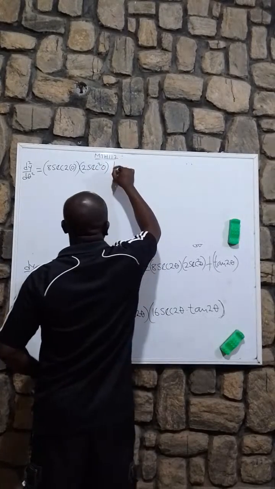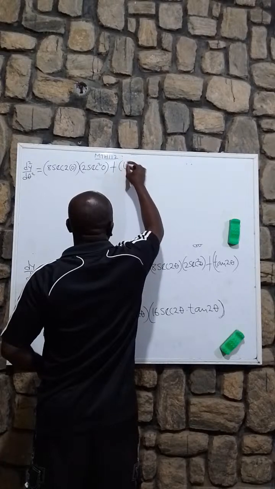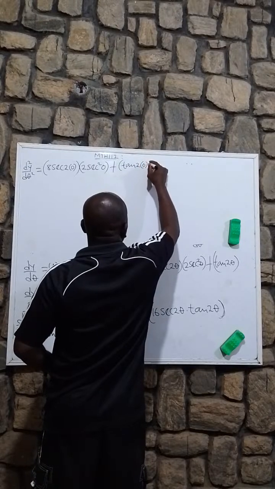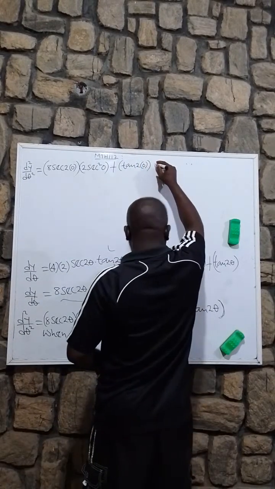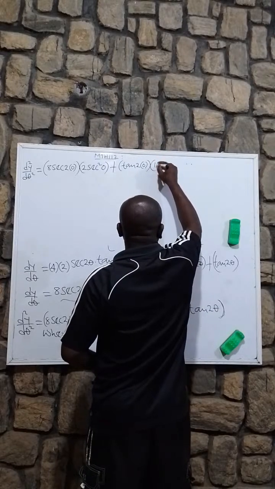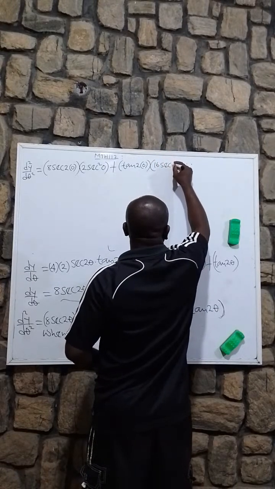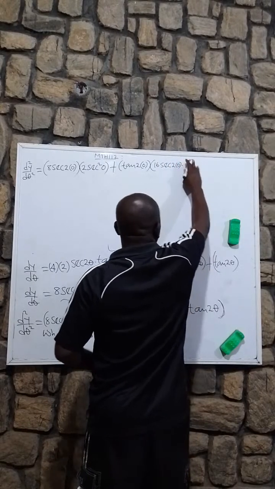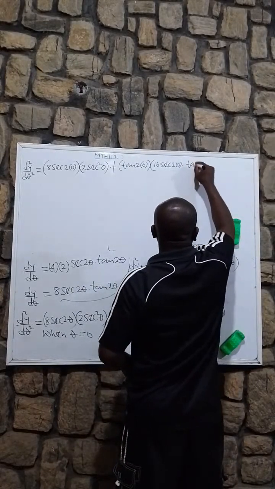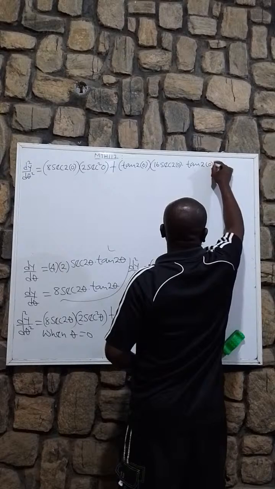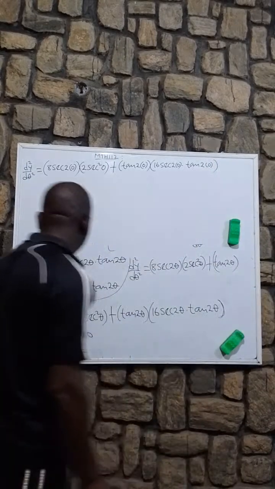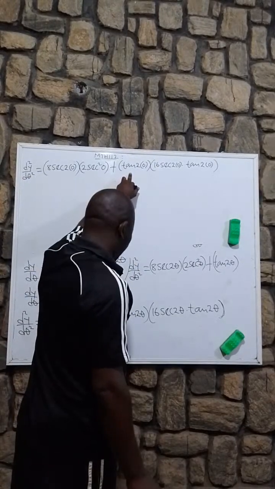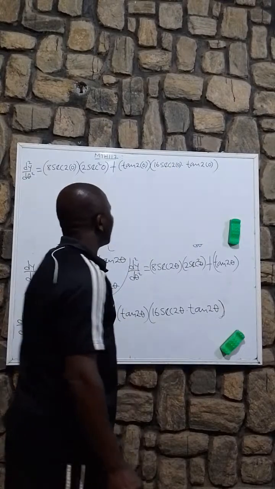Then plus tan 2 open bracket 0, then times 16 sec 2 open bracket 0 times tan 2 open bracket 0 close the bracket, right? Am I right? True or false?